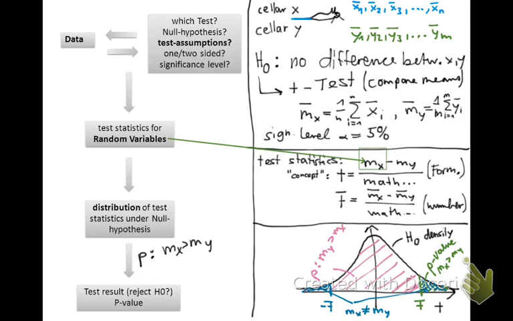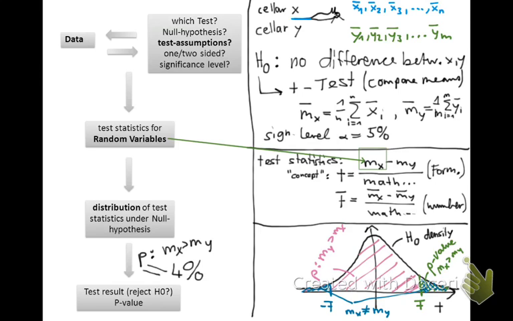So let's assume that this value is, I don't know, what shall we take? 5%, 4%, let's take 4%. So that means the chance that my null hypothesis produces the observed data is 4%.